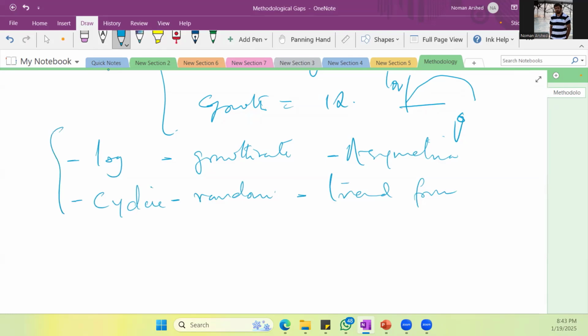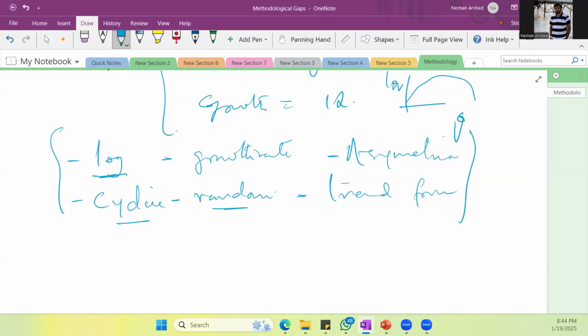Each has its own meaning. For asymmetric, it means theoretically its increase and decrease have different meanings. Growth rate means you are trying to focus only on the rate at which it is growing. Log is also mostly connected to growth rate, but it can be used for many other reasons. Cyclic form is used when you need to connect it to the business cycle.